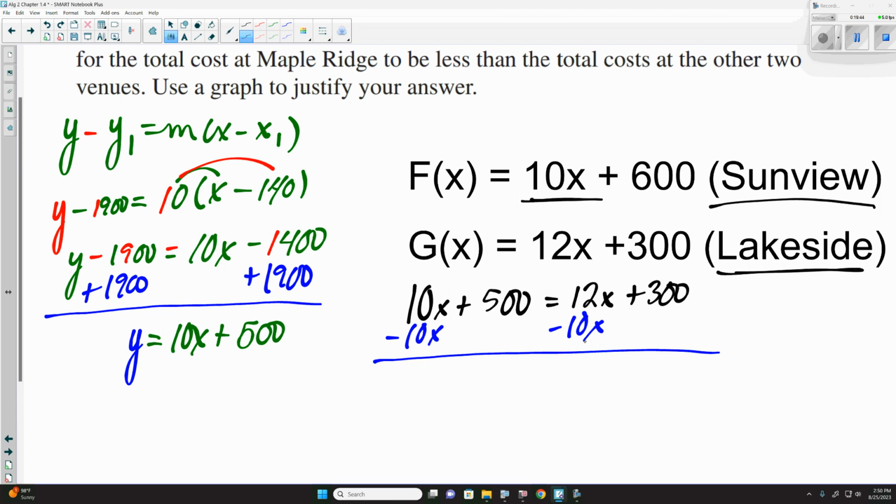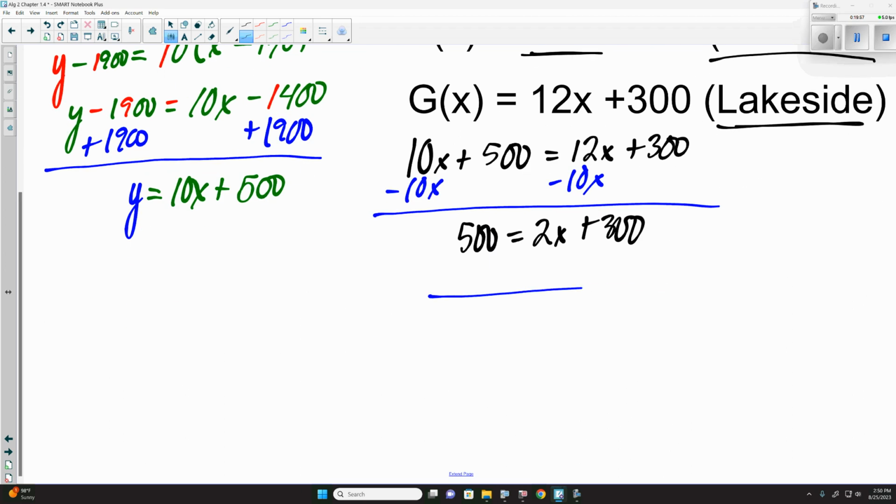I couldn't quite hear what you said. Yeah. So 500 is equal to 2x plus 300. The next thing we would do is subtract the 300. You're good.